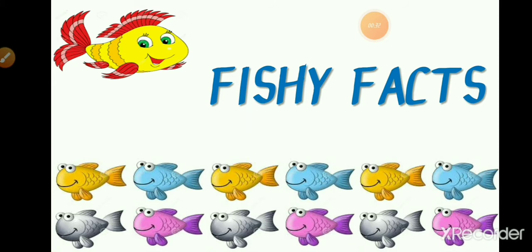As we know, there are different types of fish and they live in ponds, rivers, seas, and oceans, and we all love to know about them. So today we will know some of them. So let's start.